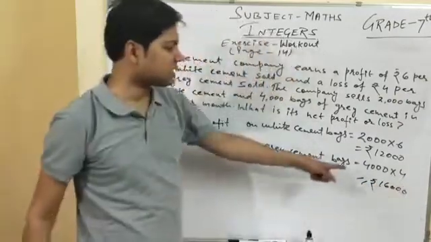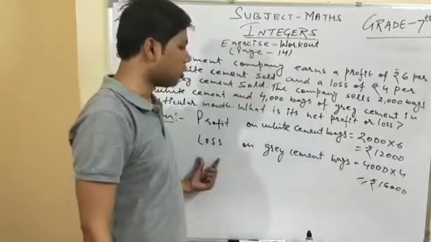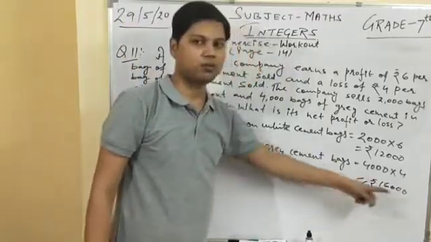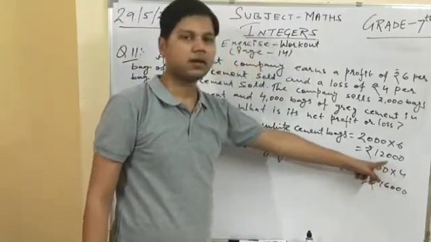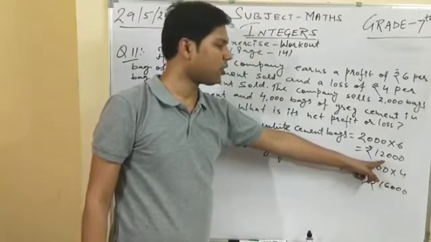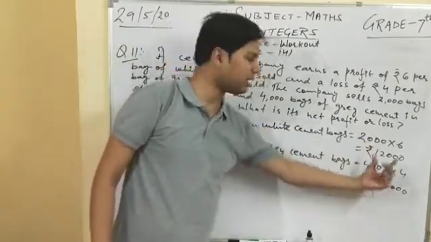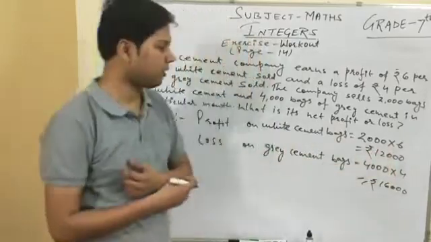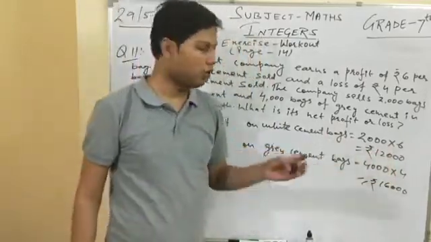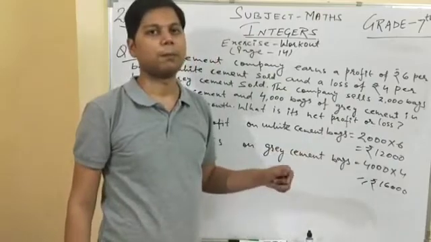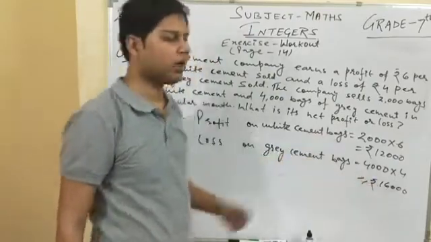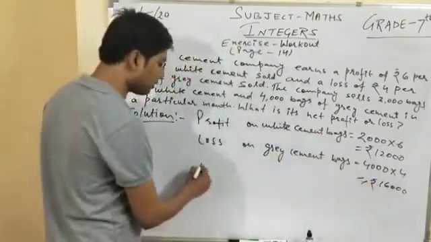Now you can easily see that the amount of loss is greater than the amount of profit. The amount which we lost is greater than the amount the company profited. So we can say the company is in loss. So we have to find the net loss.